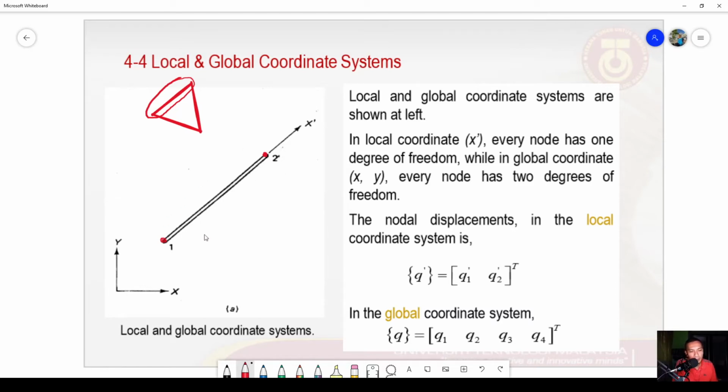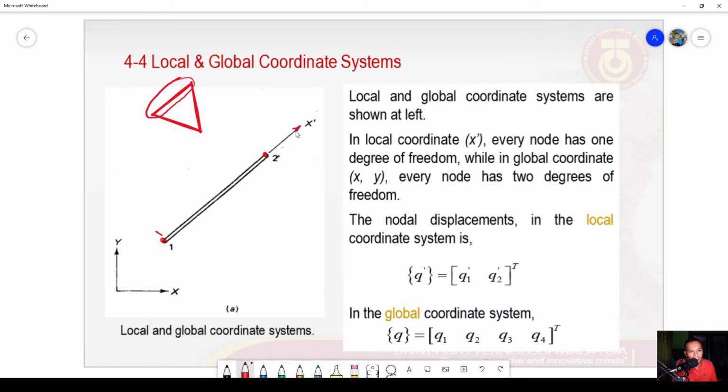If we view it locally, then we can write its own coordinate system, or local coordinate system, which is spanning along this member.